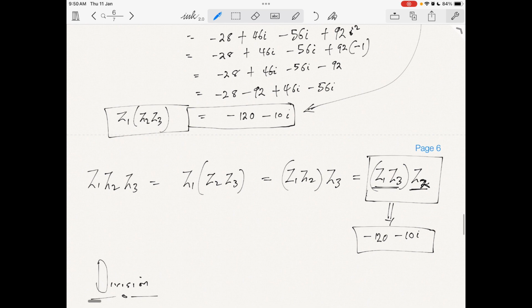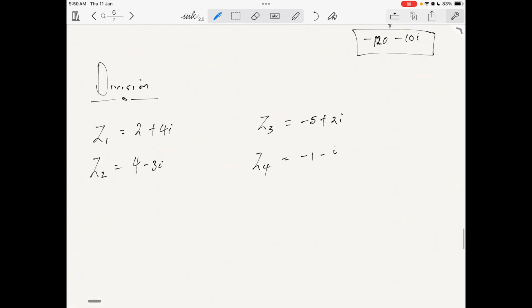In essence, we can say that z1 z2 z3 can be written as z1 z2 multiplied by z3, or z1 multiplied by z2 z3, or z1 z3 multiplied by z2. Now, this was given as an assignment which I believe you have solved, and your answer should be minus 120 minus 10i.